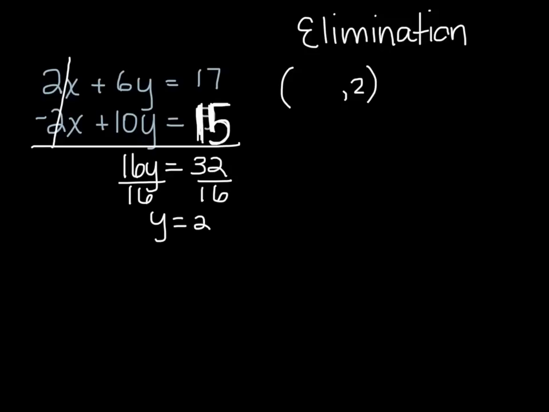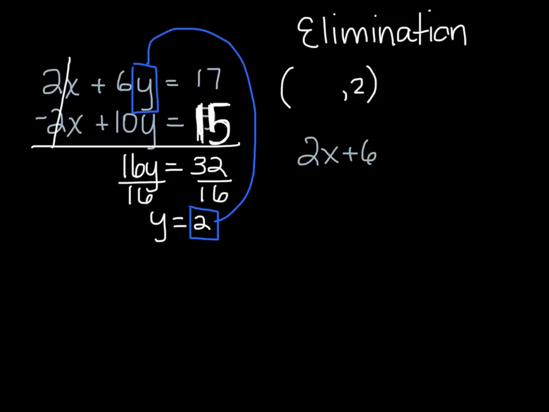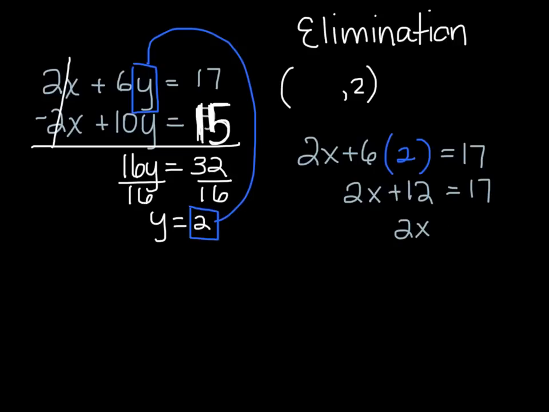So I'm going to plug my 2 back in this y. 2x plus 6, but I'm going to plug in that y, equals 17. 2x plus 12 equals 17. 2x, I'm going to subtract the 12, and I'm going to divide by 2. So x equals 2.5.